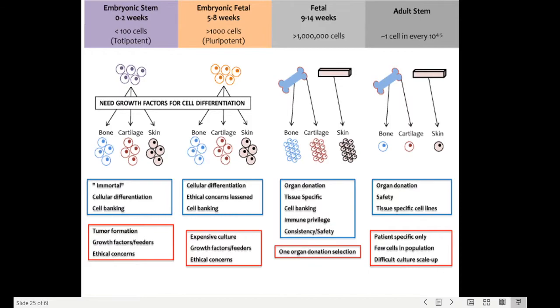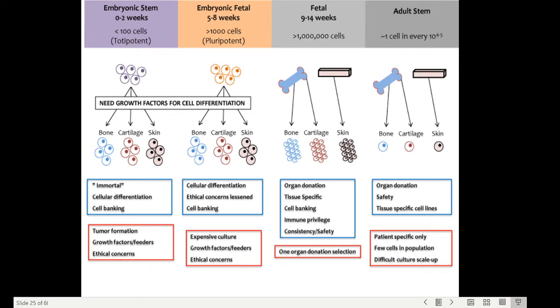It depends on the age of the embryo. In the embryonic stem cell, at the first 0 to 2 weeks, that is called totipotent.